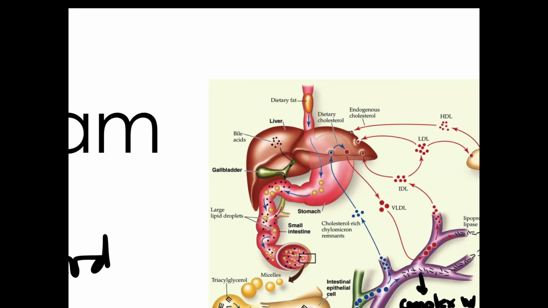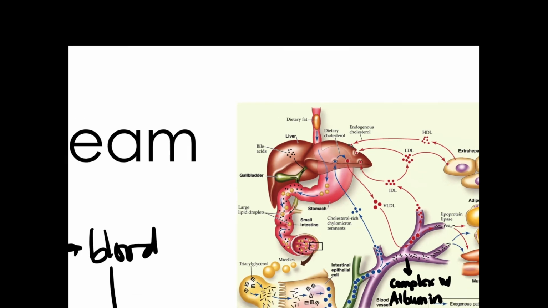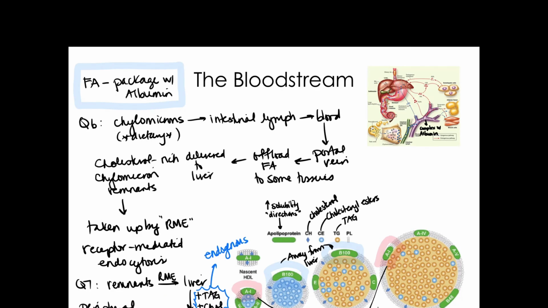When these cholesterol-rich chylomicron remnants are taken up by the liver by receptor-mediated endocytosis, this dietary cholesterol that's left is repackaged with cholesterol that maybe you've made yourself and or triglycerides that you've made yourself in your liver. And then these are going to be offloaded and returned back out to the bloodstream.